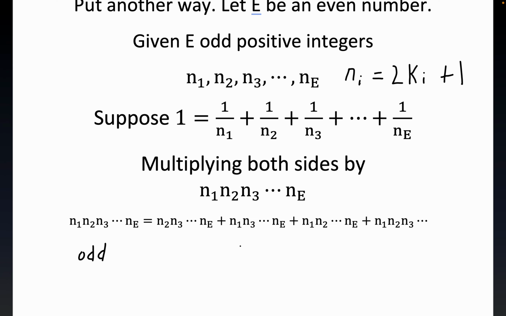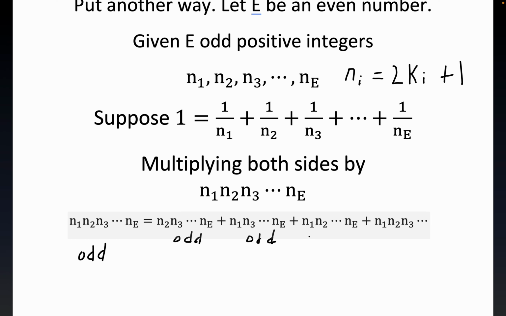In other words, each term in the product is odd. Each of these individual terms, like this one, would be odd, right? Because again, we are talking about the product of odd numbers, just like over on the left-hand side, okay? So this one's odd, this one's odd. That is, it leaves a remainder of 1 when you divide by 2.